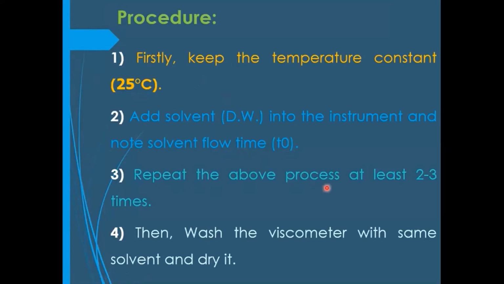Repeat the above process at least 2 to 3 times and calculate the average flow time of solvent. Then wash the viscometer with the same solvent, not another solvent, that means with water, using hot water, no problem, and dry it to calculate the flow time of solution.